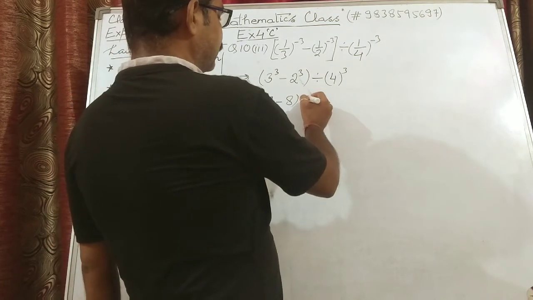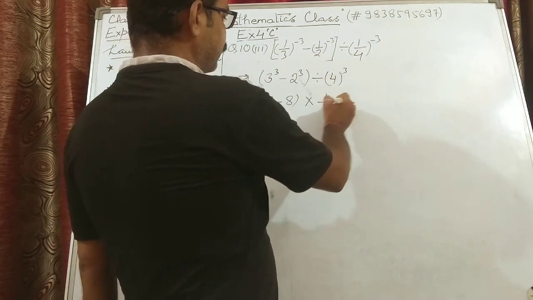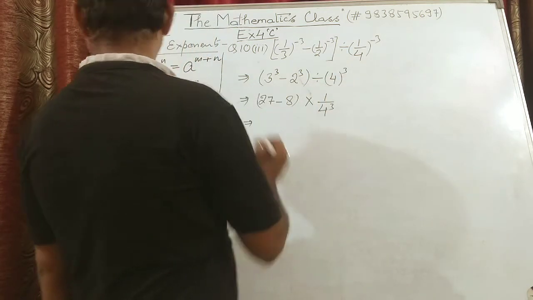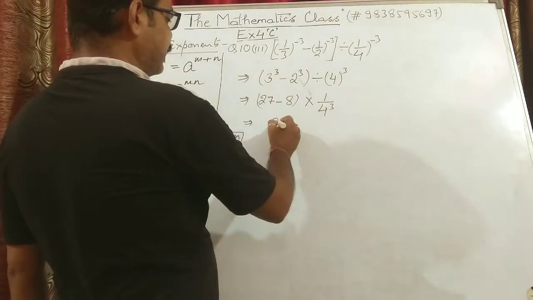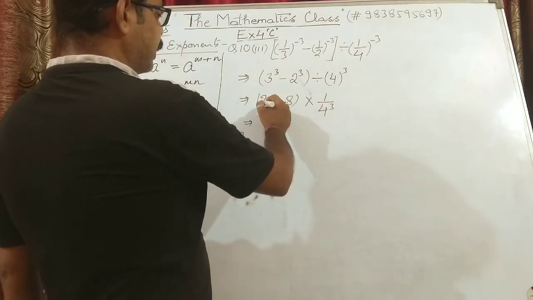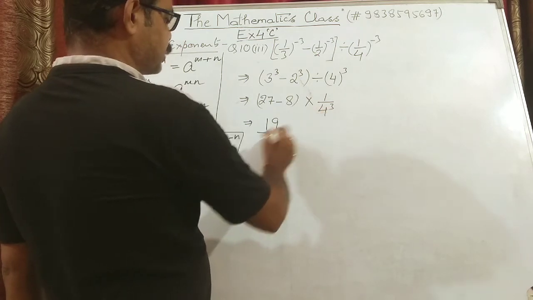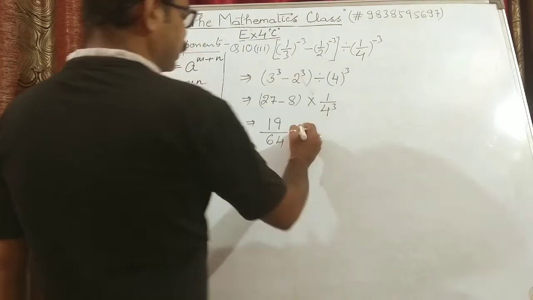Division means we will convert it to multiplication and it will become 1 upon 4 to the power 3. Now 27 minus 8 is 19, upon 4 into 4 is 16, into 4 is 64. This is the value of this number.